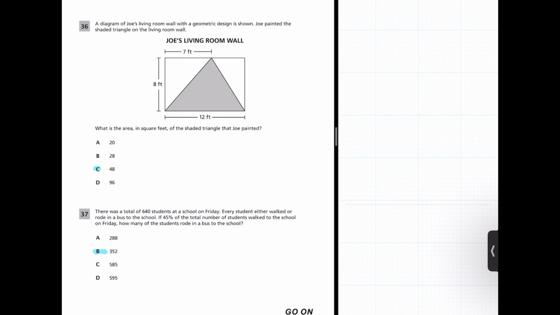All right, here are your answers for 36 and 37. All right, I'm going to jump in with 36. We're looking for what is the area of the shaded part of the triangle. So we're going to use area equals 1/2 base times height. Here is our base. Here is our height. I know that's the height because it makes a 90-degree angle with the base.